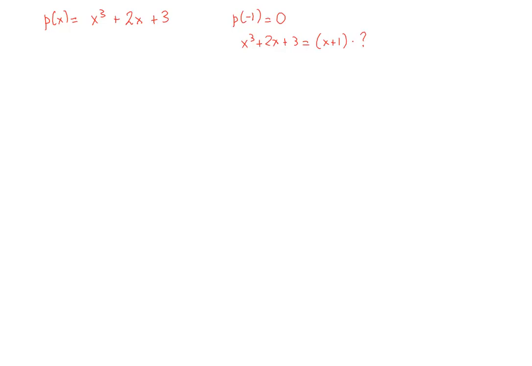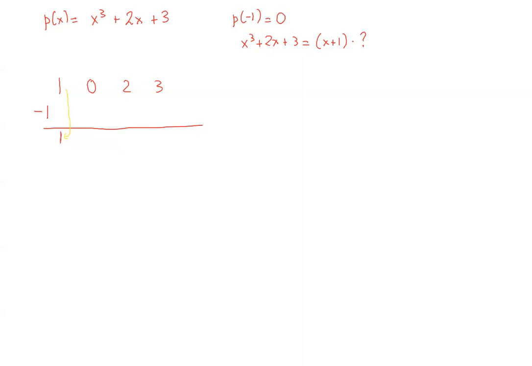Let's do it together now. So again, we're missing the term of the second degree. So we will have 1, 0, 2, 3. And we're going to put here the root, which is the number -1. And we will begin by bringing down the number 1 from the top. So your first move is always to bring this down.